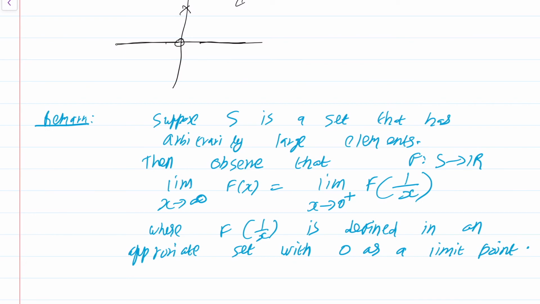And for this limit, x going to 0 plus of f of 1 by x, you need to know where this function f of 1 by x is defined. That will be an appropriate set. I'm going to leave the details to you. So the definition of infinite limits is actually subsumed by the definition of one-sided limit. One-sided limits sort of take care of infinite limits also. We needn't have defined infinite limits separately.